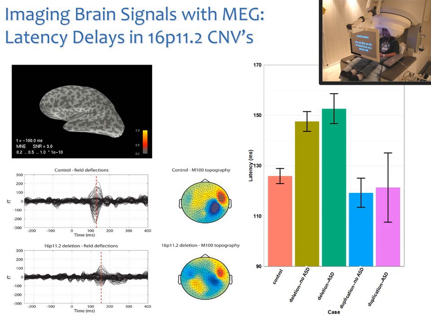is that the children with deletions in the two yellowy green bars in the bar chart on the right showed delays compared to controls and to children with the duplications, very similar to what we see in the autism spectrum disorder.